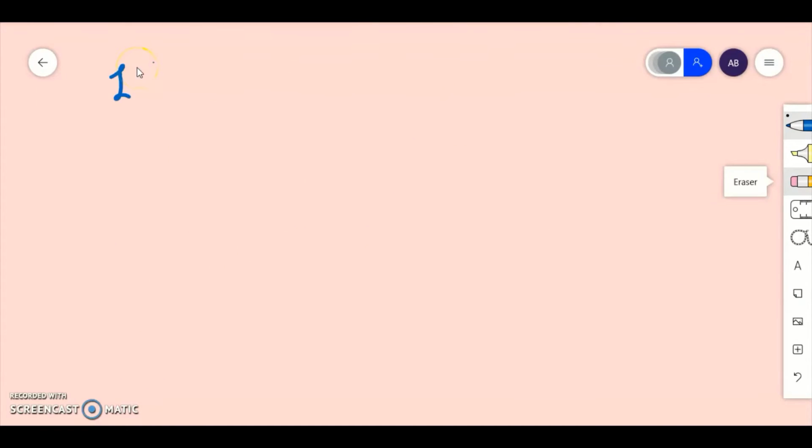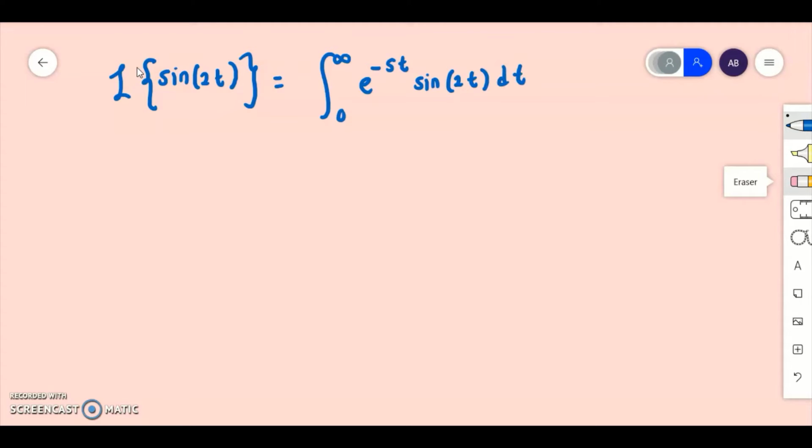Okay, let's look at the Laplace of sine 2t. Okay, you want to find this Laplace of sine 2t. So by the definition, we have integral from 0 to infinity of exponent negative st f(t), which is my sine 2t dt.